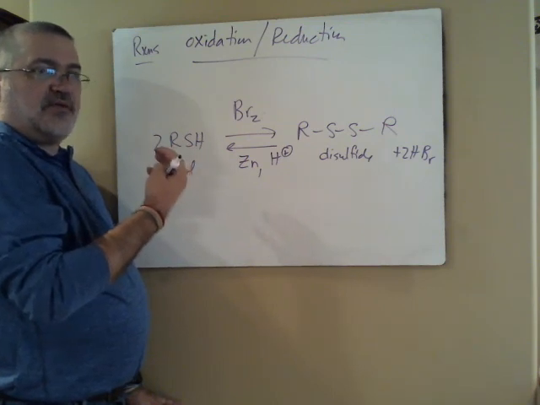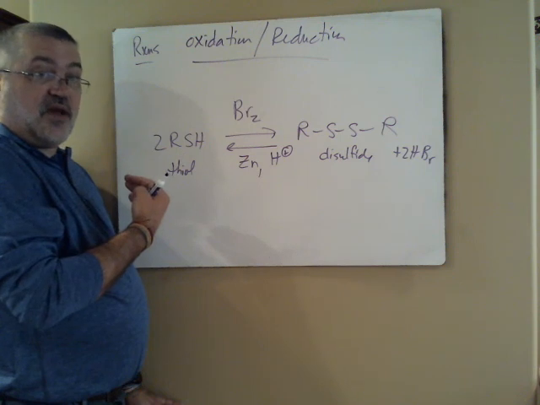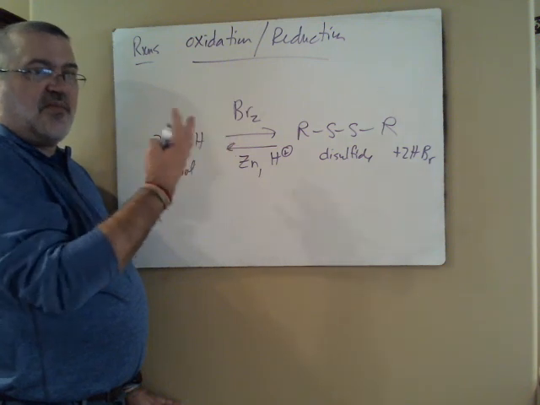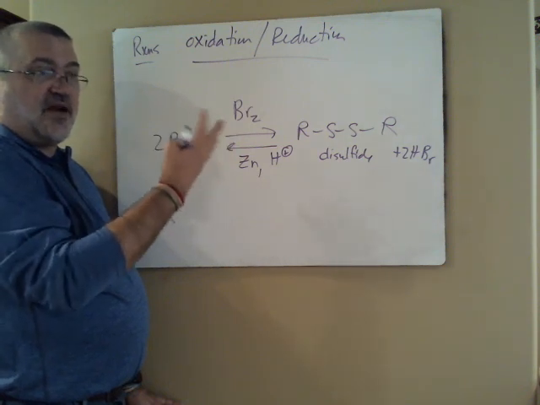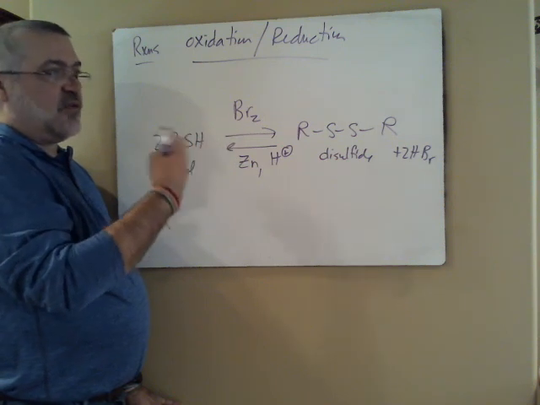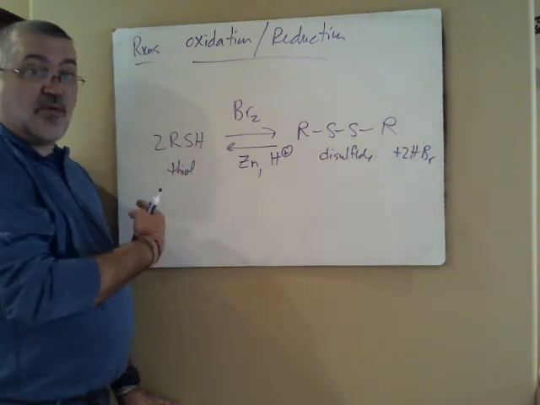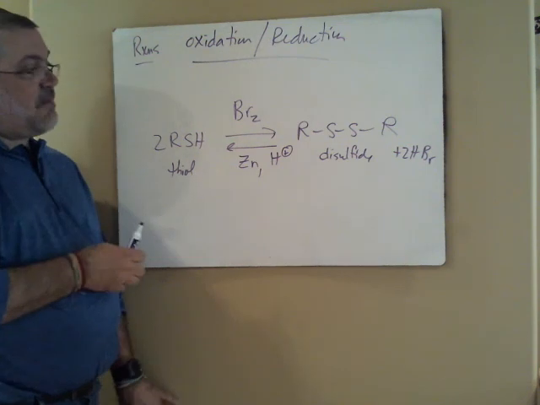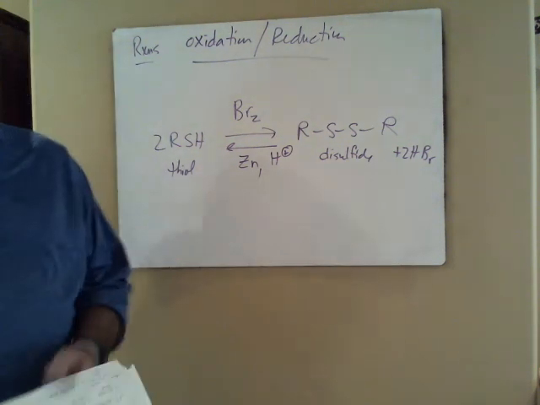But of course, everything returns to what is more stable. So over time, the disulfide bridges in the hair protein will break and reform to their original structure. So kind of an interesting aside there.